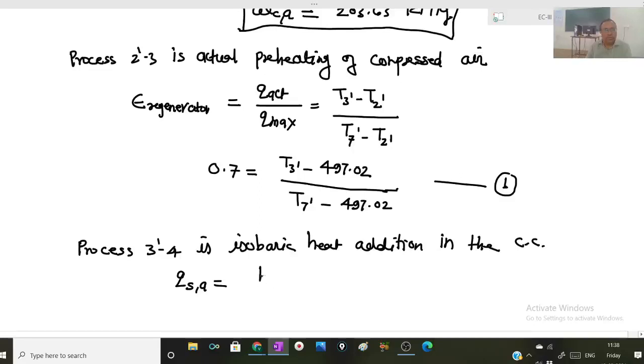It is nothing but H4 minus H3 dash. Now here there is no difference in enthalpy, specific heat of gas and air. So CPG will be equal to CPA because H4 is the enthalpy of gas. If I want to write, I have to write in this fashion: CPG into T4 minus CPA into T3.